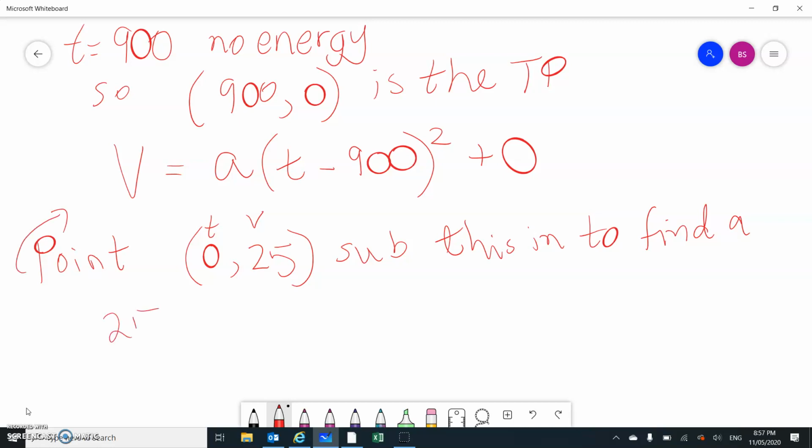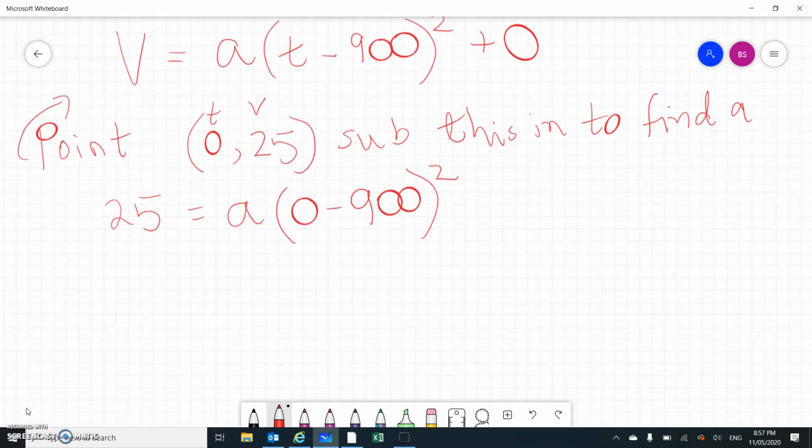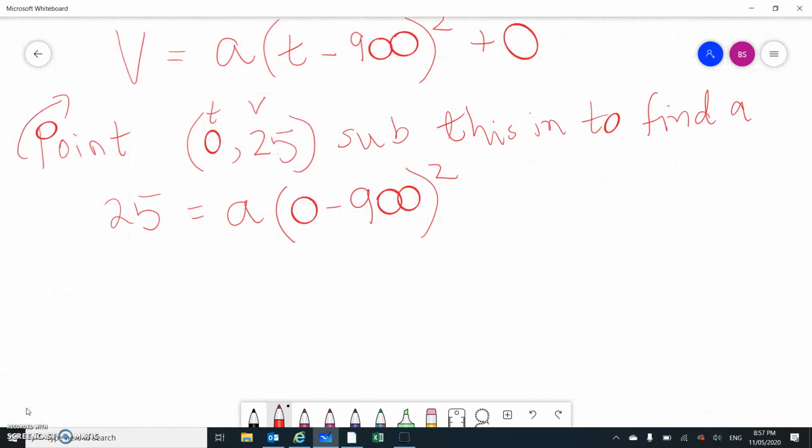So 25 equals a(0 minus 900) squared. You can put the plus 0 if you like; I'm just going to leave it out. If you rearrange that, you divide by negative 900 squared on the other side, and you get a equals 25 over 900 squared.